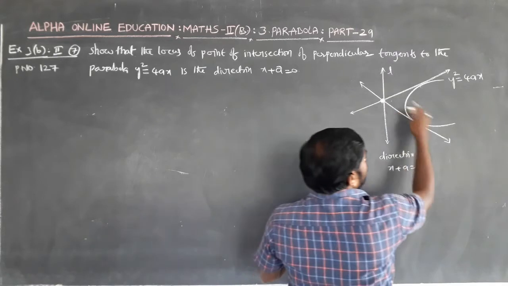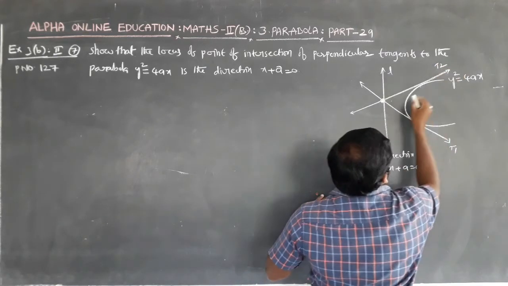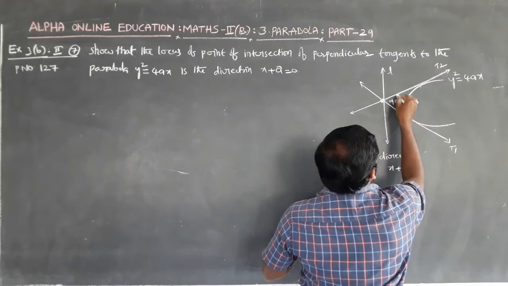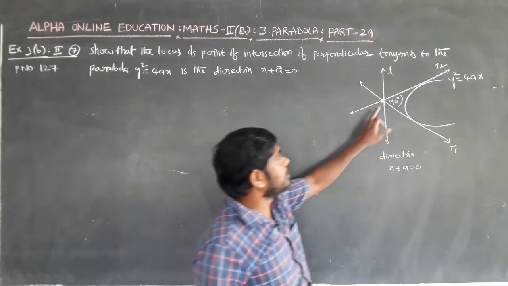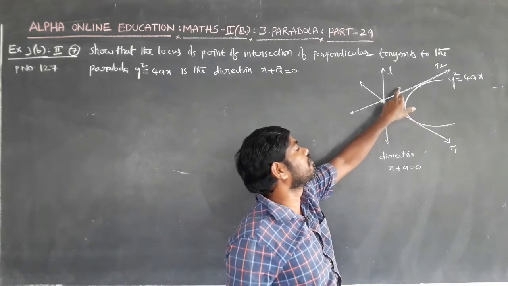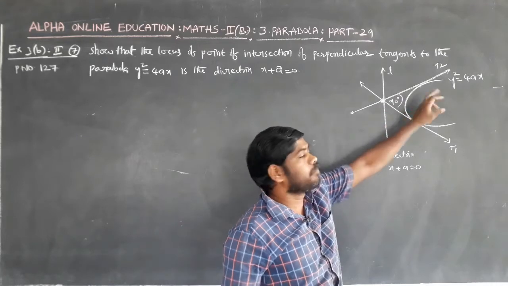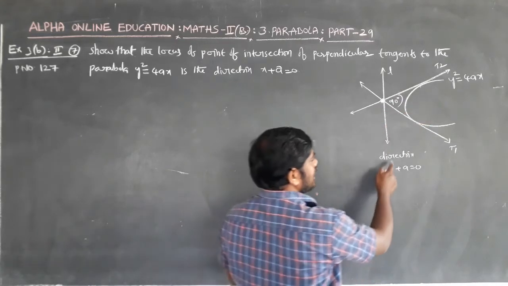Here two tangents, this is the first tangent, this is the second tangent. Here two tangents are perpendicular. The point of intersection of the perpendicular tangents of the parabola y square is equal to 4ax is the directrix.